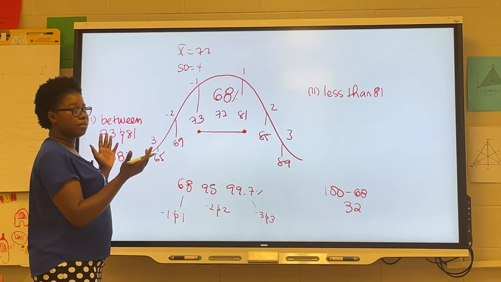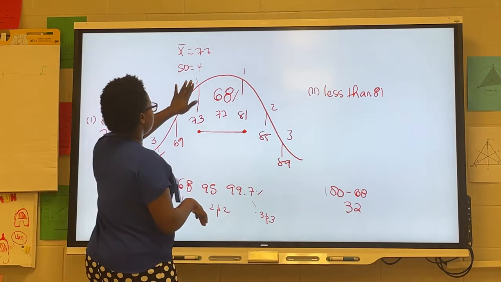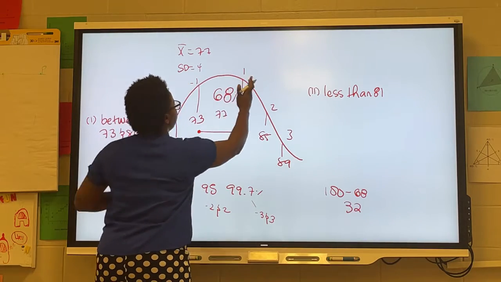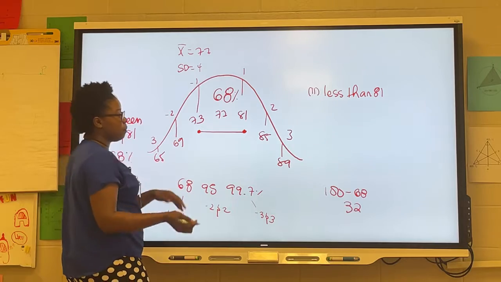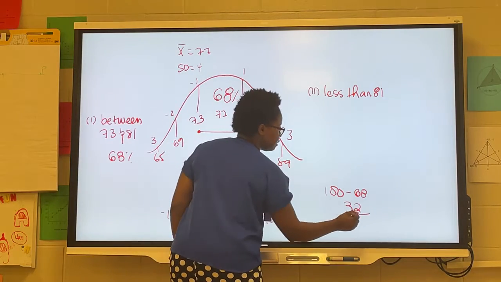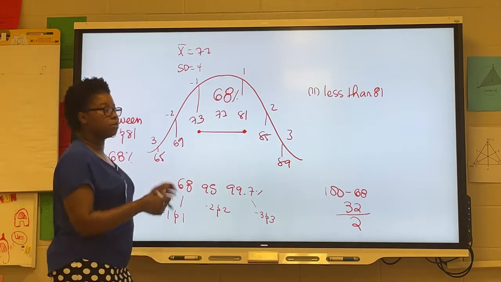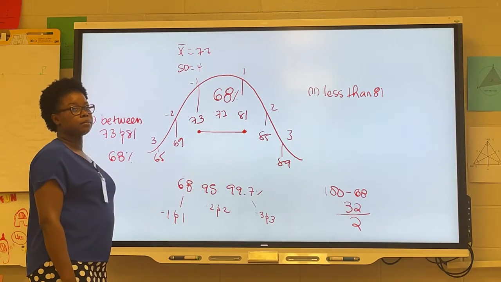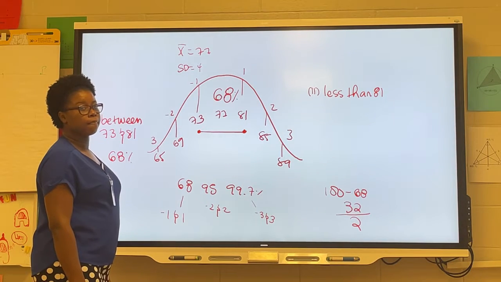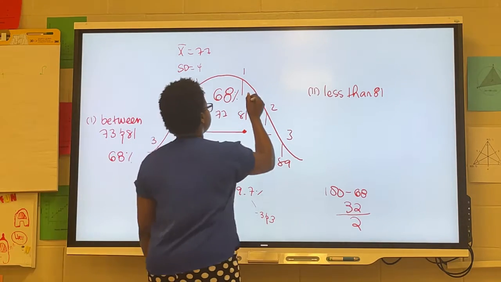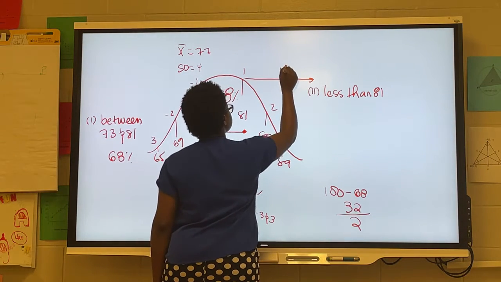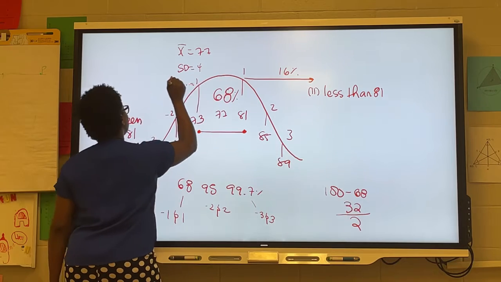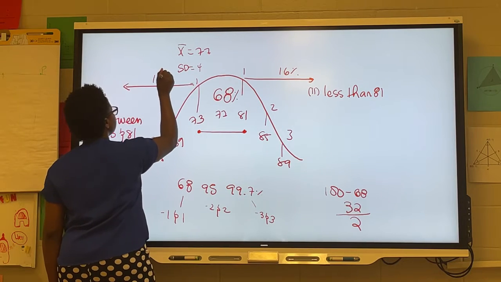So above 1 and below negative 1 should be the same number. If it's 32, let's divide this by 2 to see the equal amount on either side. 16. That means from negative 1 this way is 16%, and from positive 1 in the opposite direction is also 16%.